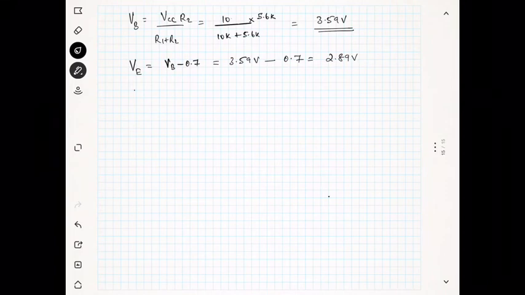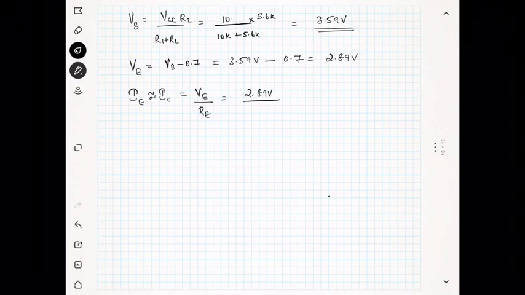Now we can find IE, which is approximately equal to IC, as VE over RE. VE is 2.89 volt divided by RE, 560 ohms, which is equal to 5.16 milliampere.